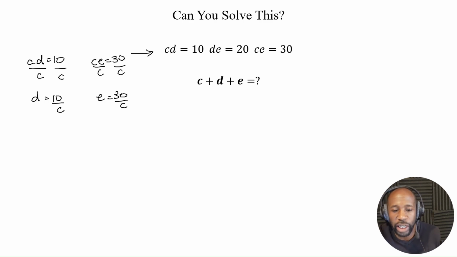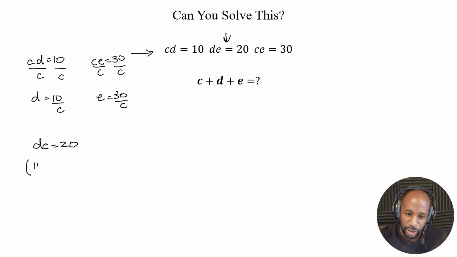Now we can take D equals 10 over C, E equals 30 over C, and plug those into this equation and find C. So if DE equals 20, now let's sub in for D and E. D is 10 over C, E is 30 over C. It equals 20.